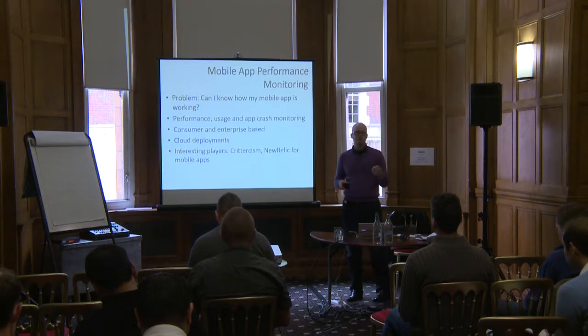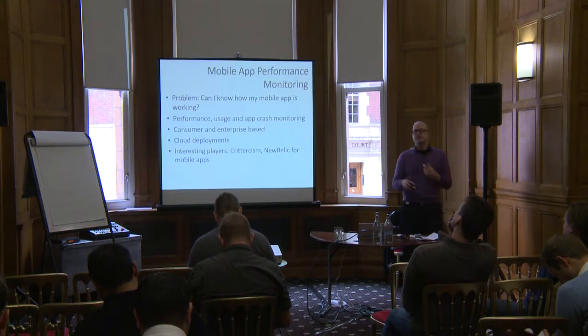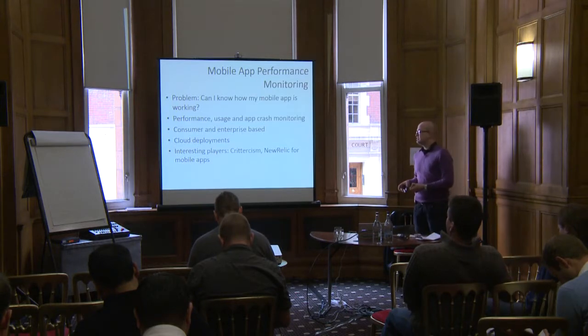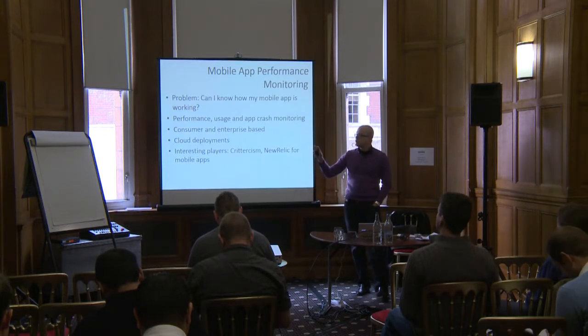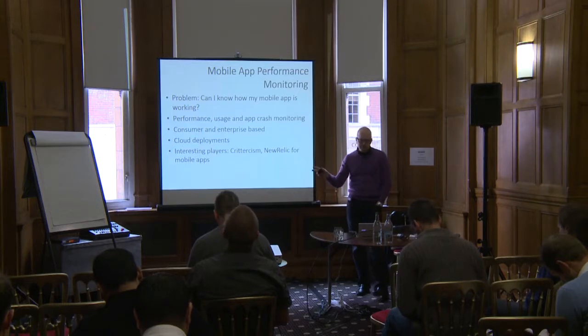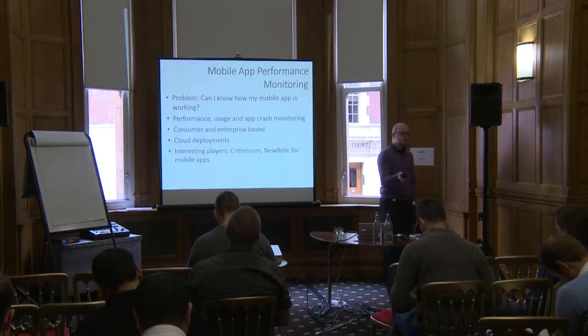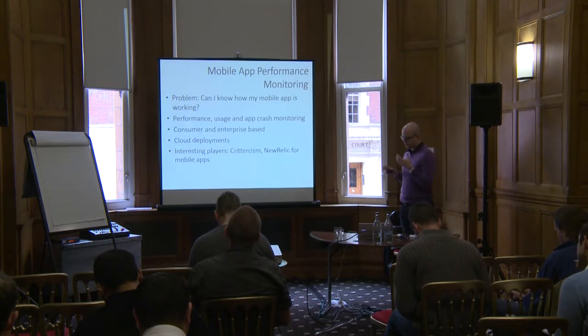So application performance monitoring is becoming a standalone category within mobile, the same way it became a standalone category within web or systems. There are technologies used for app crash monitoring, performance, usage, and memory use, and they can be applied to both consumer and enterprise, and deployed on-premise or in the cloud.